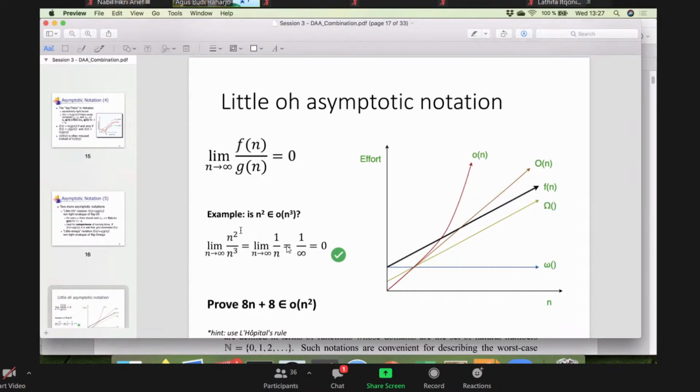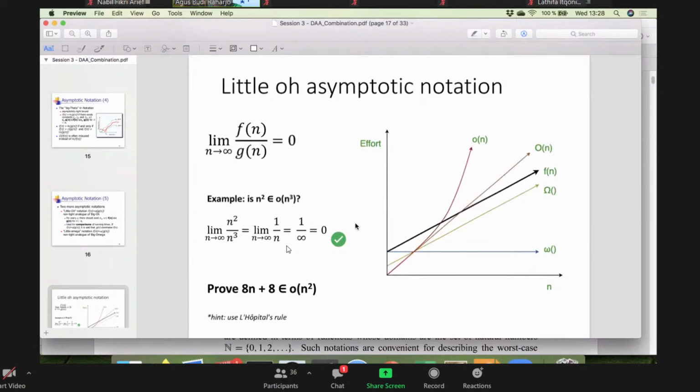We just need to calculate n squared over n cubic, and we delete n squared over here. It's only 1 over n, and we put the limit to infinity. 1 divided by infinity is not really equal, but equivalent to 0. So that's proven. That's how you prove the asymptotic notation. Well, this one is little o.